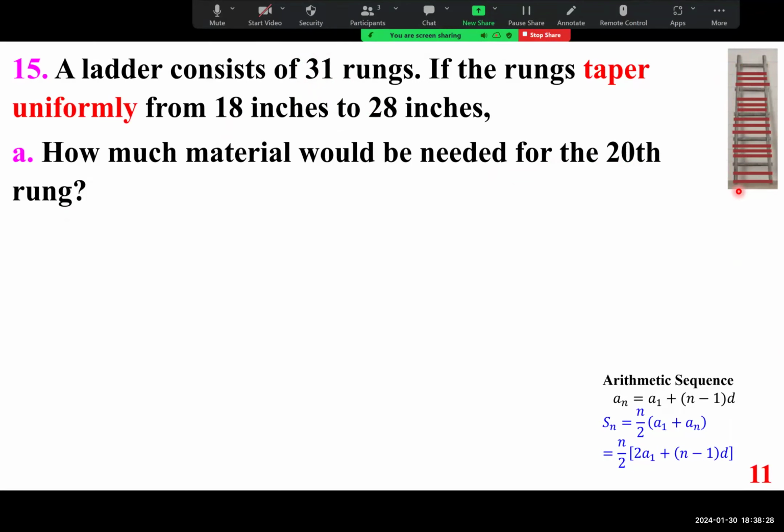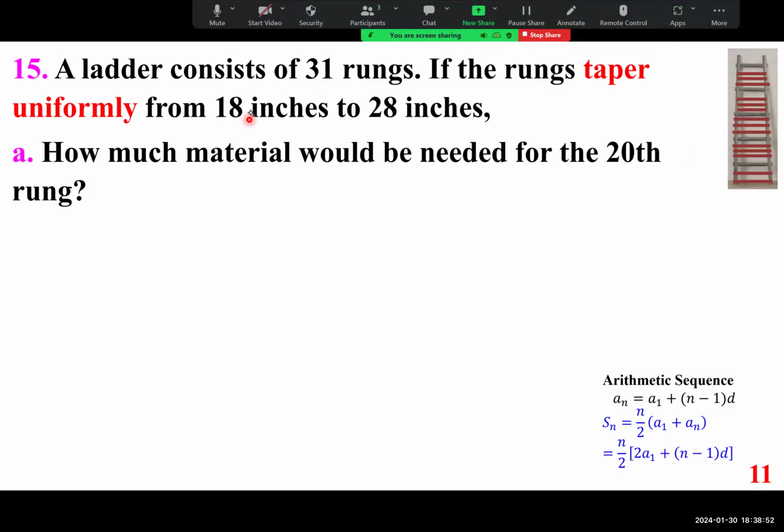Because they change uniformly, meaning we add some constant to this one to give us the second one, we add the same constant to give us the third one, the fourth one, and all the way to the last one, the 31st one. So n is 31.